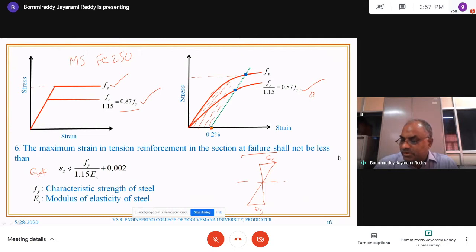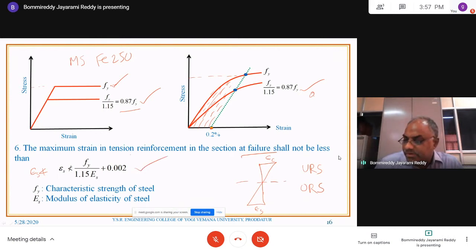Sometimes it may be an under reinforced section where steel may fail, and it may be an over reinforced section where concrete may fail. Irrespective of whether concrete or steel fails at a particular section, the strain should not be less than this.